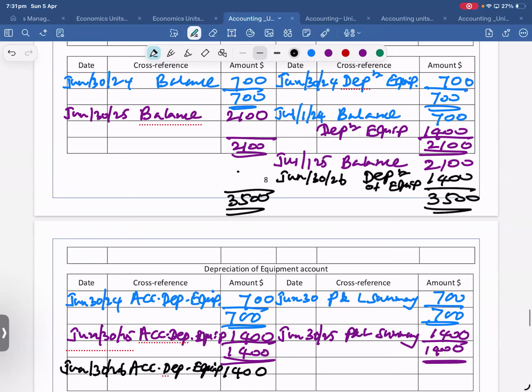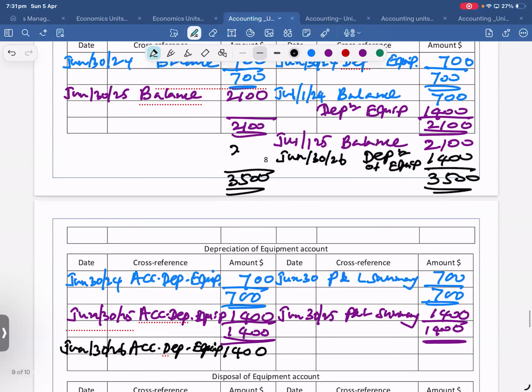Right. Then what happens? Yeah, so we are transferring it to the disposal. Which date? June 30th, 26, disposal of equipment.